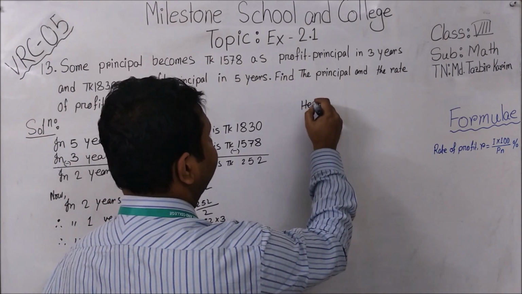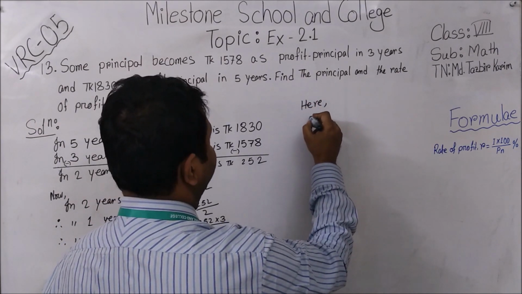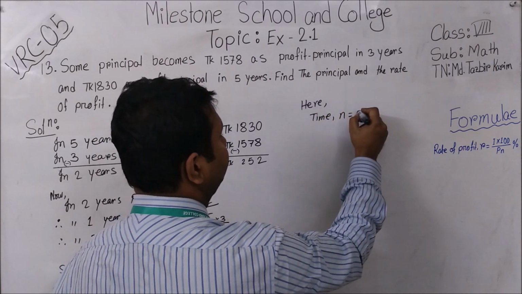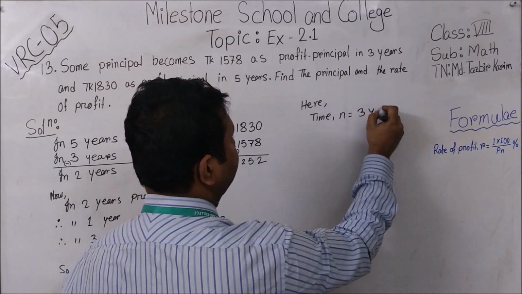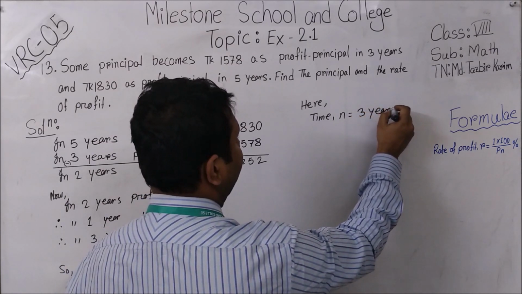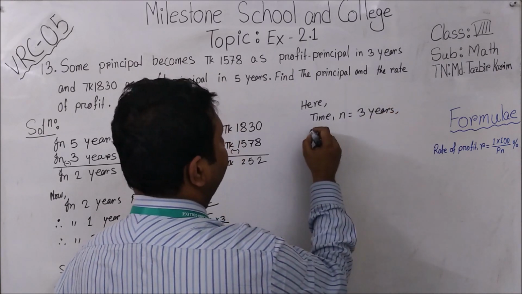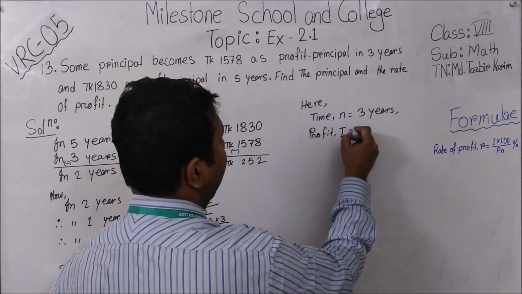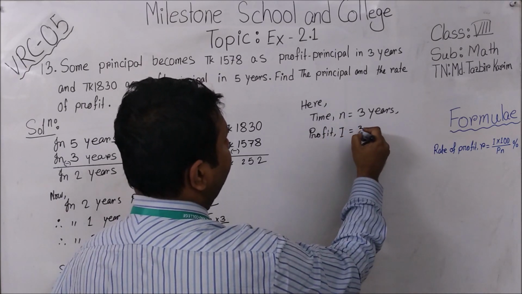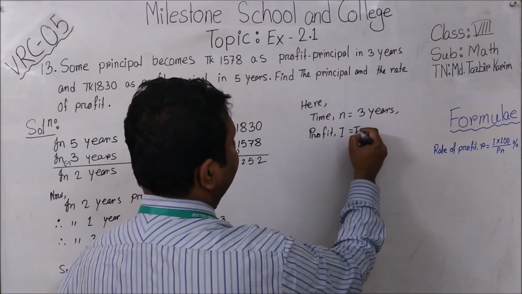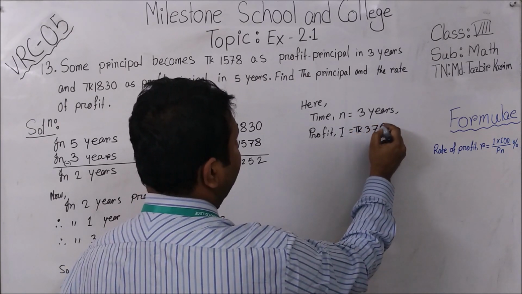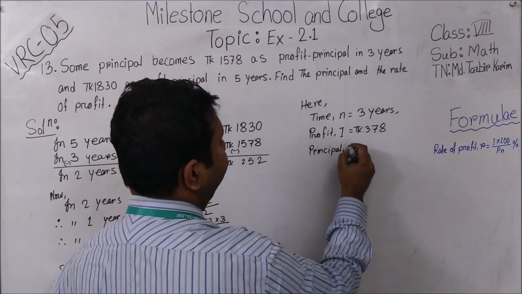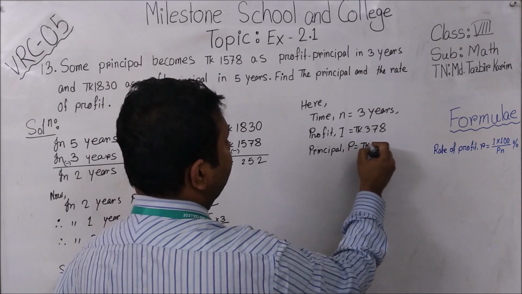So here time n equal to 3 years. The profit for 3 years we found out just before, I equal to taka 378. Principal P equal to taka 1200.